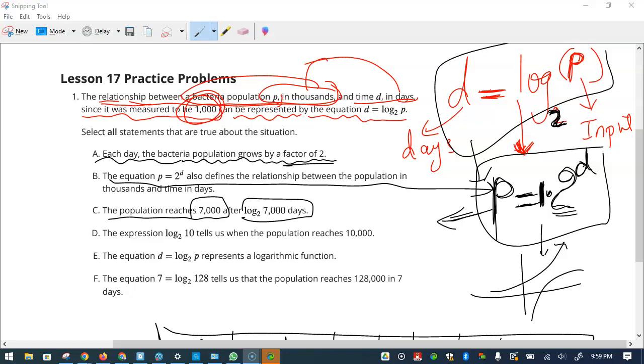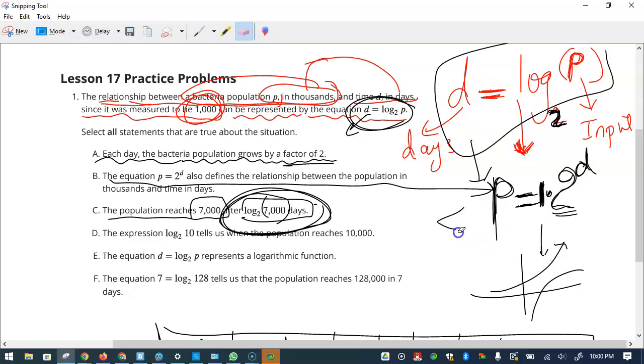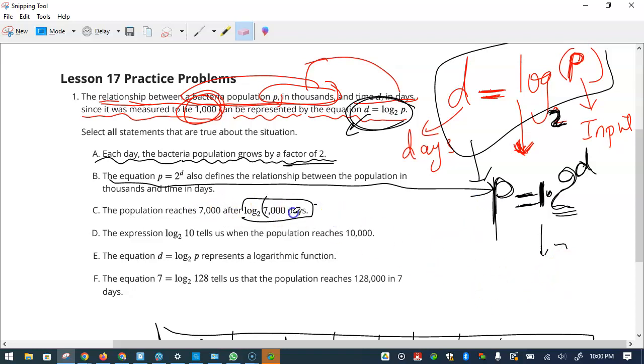If you see the C, they said this part, log of 7,000 days. When you talk about log, see this part, this log, it has to be the number of days. Let's see why this is wrong. So log of 7,000.